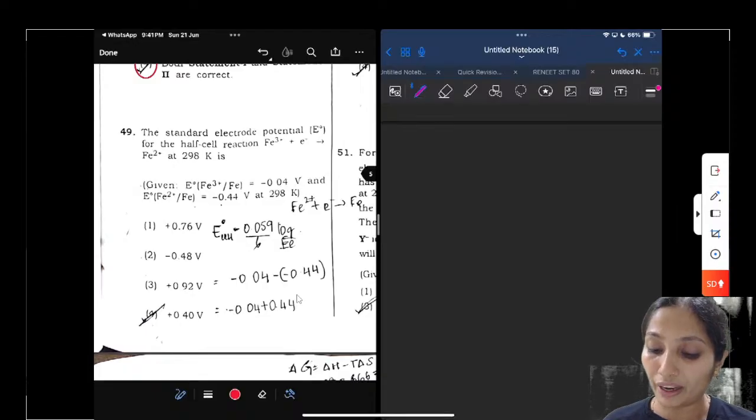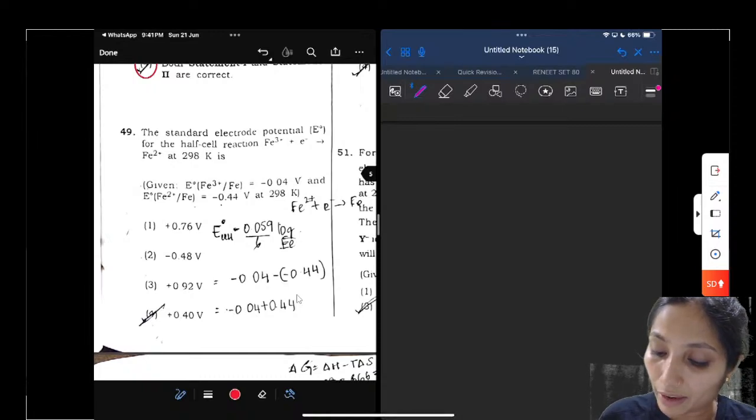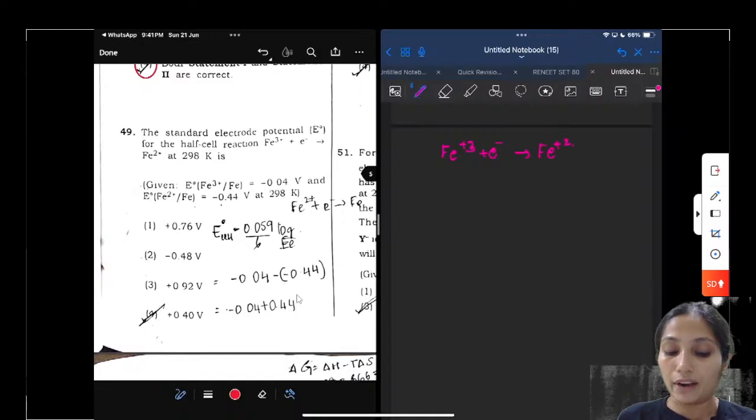So what do we have to find? We have to find the standard electrode potential of the half cell, that is, E naught for Fe plus 3, which accepts an electron to form Fe plus 2. So this is required for us.